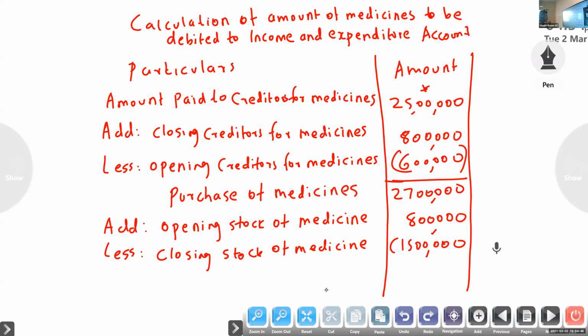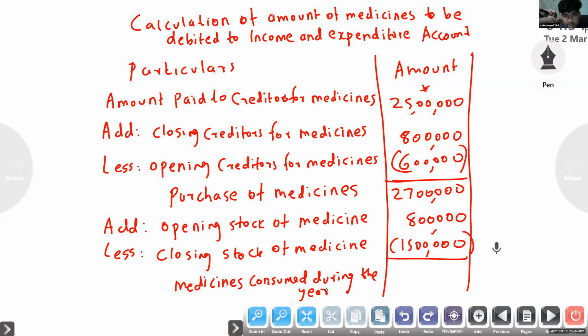Amount paid to creditor, add closing creditor, means related to credit. 34 lakh.